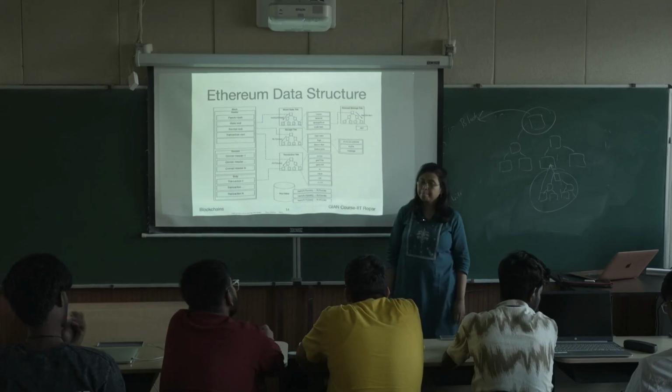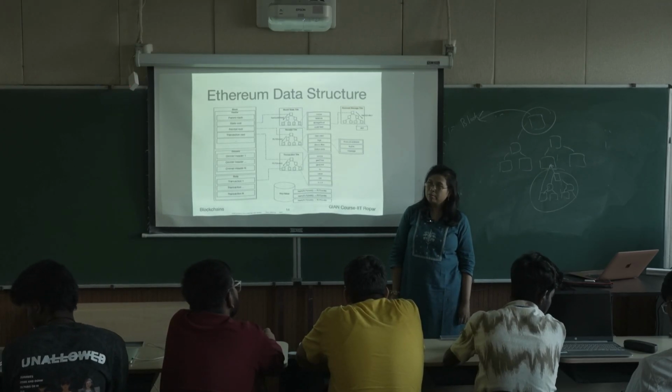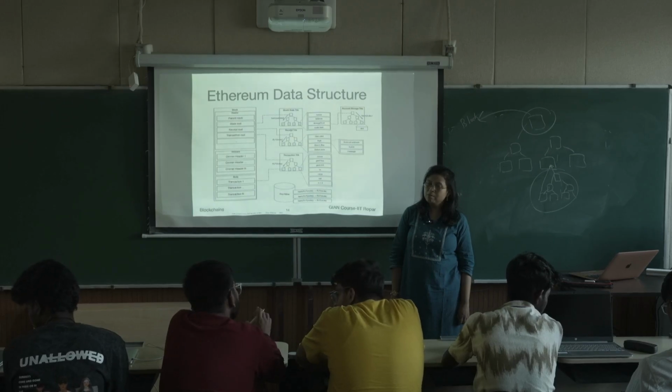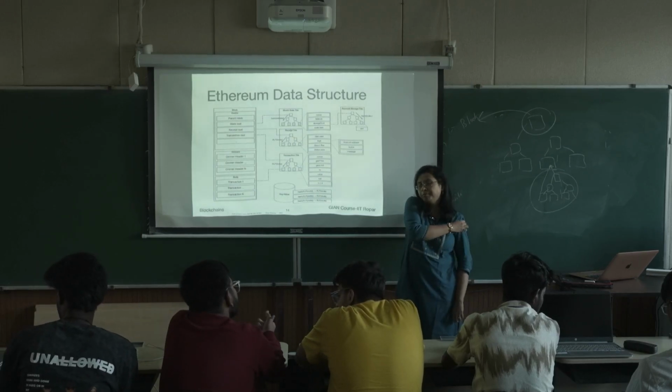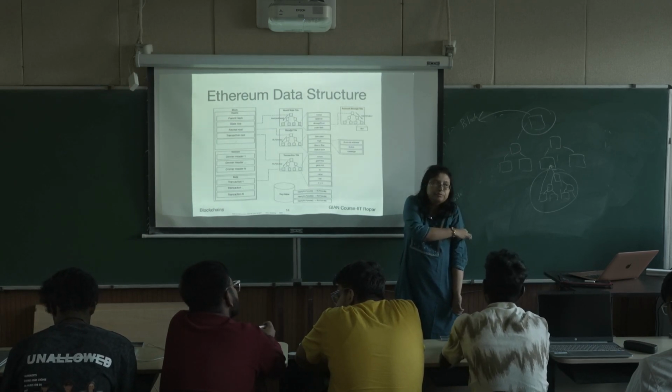Light forks in the Ethereum blockchain compared to Bitcoin, because there is no permutation in which we are dealing with transactions, because only one leader is publishing the transaction block.